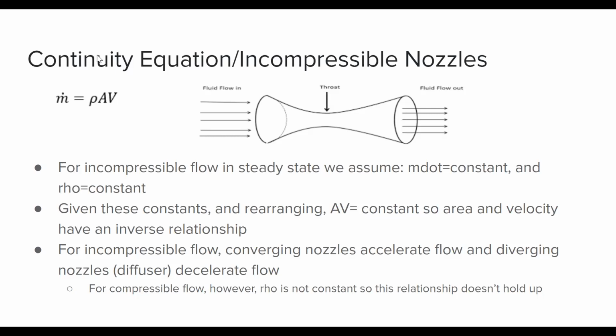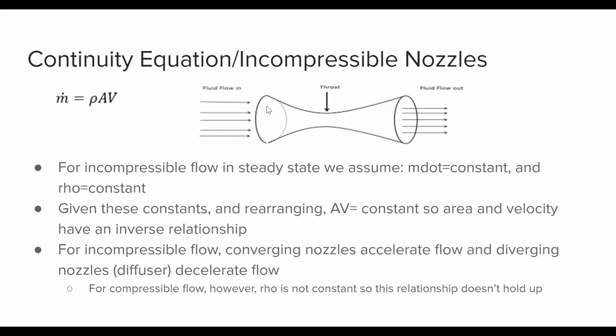Incompressible flow is any flow where the density is constant. So most liquids are considered incompressible. And actually most gases, while they can be compressed, when flowing at low velocities can be thought of as incompressible. We're going to talk a little bit about that on the next slide.